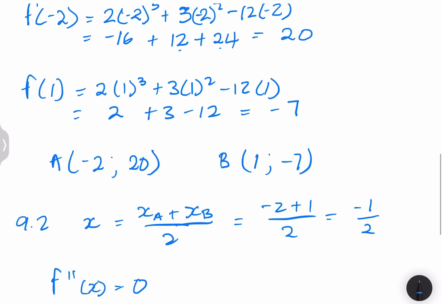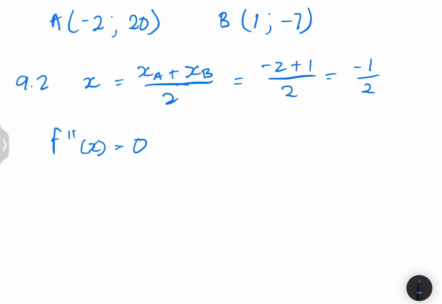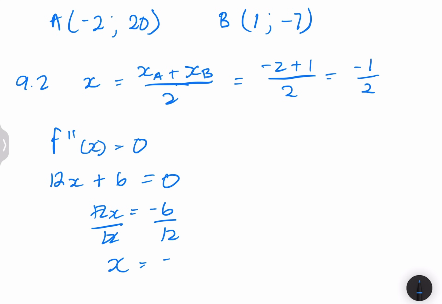So the double derivative will be 12x plus 6, which is equal to 0. If I take the 6 to the other side, I've got 12x is equal to -6. When you divide by 12, you'll get -1 over 2. So that's another way of getting the x value of the point of inflection.